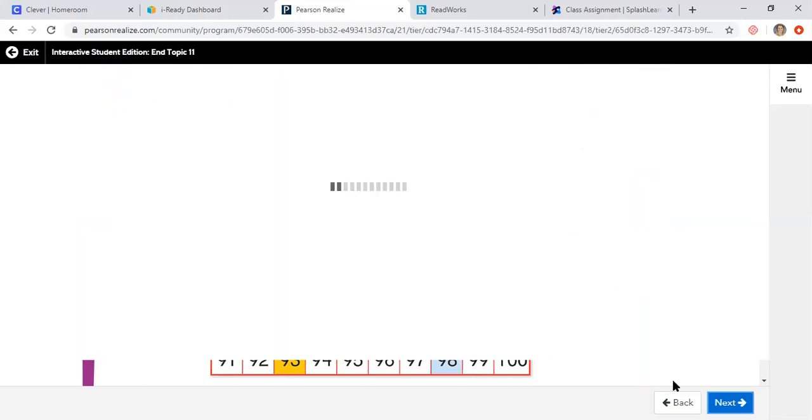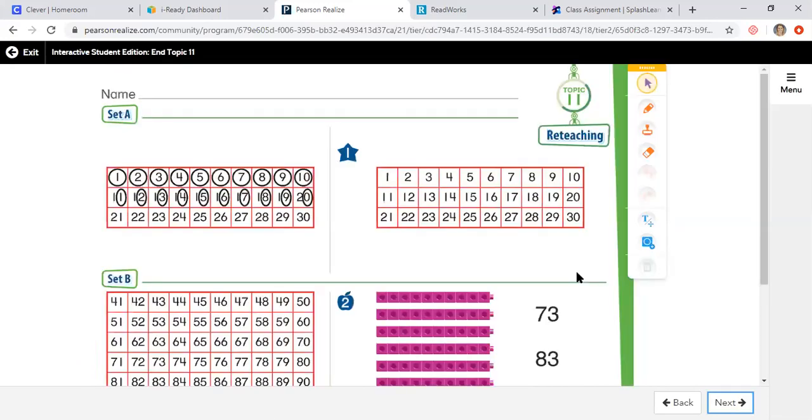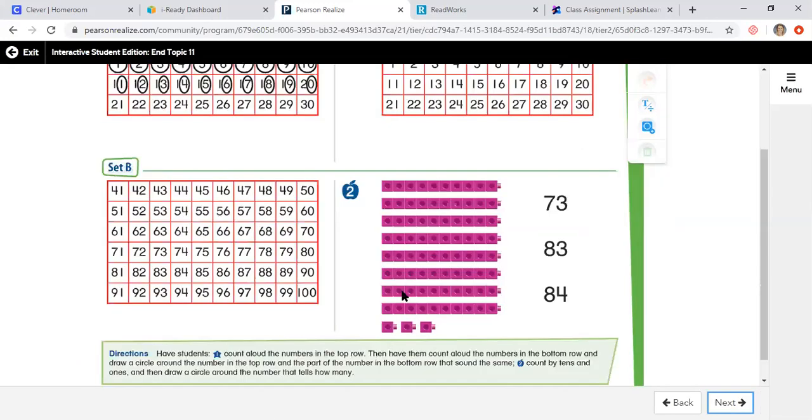And then remember we can count by tens right here and then by some extra ones. So we did 10, 20, 30, 40, 50, 60, 70, 80, 81, 82, 83. So we got 83 for that one.